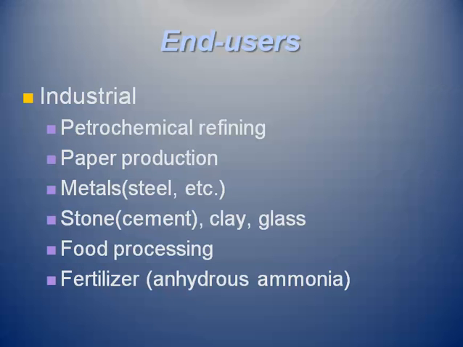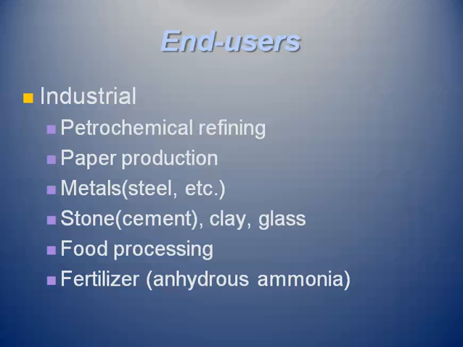Other end users, such as industrial end users, you've got petrochemical refining, as I mentioned. They're going to have feedstocks created from natural gas. Paper production, metals, especially things like steel mills, use a considerable amount of gas in their furnaces. Stone, essentially cement plants.